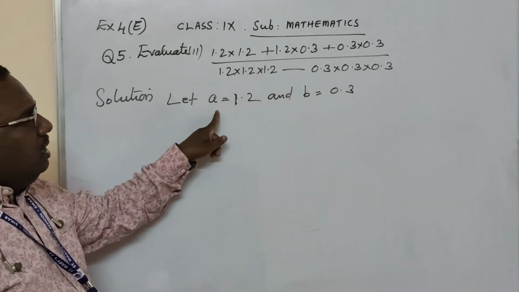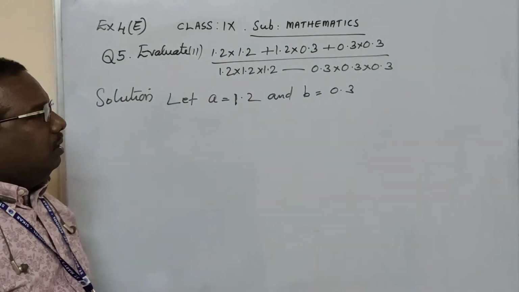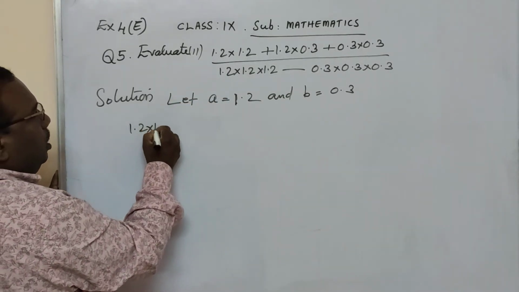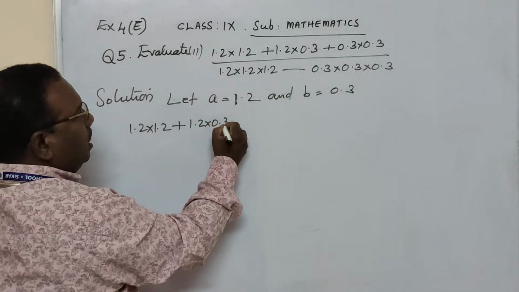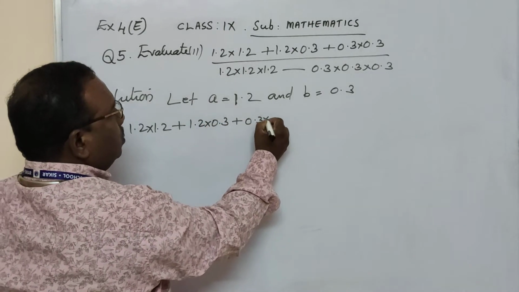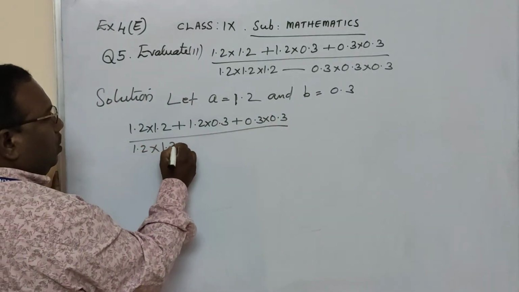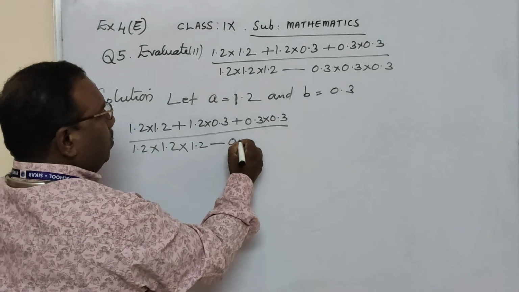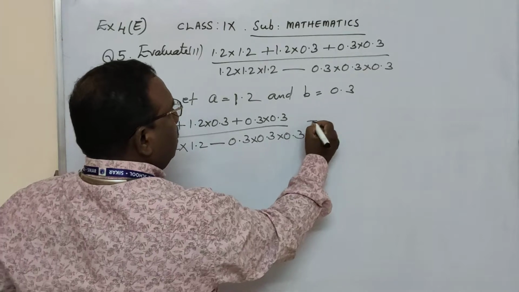If we consider A is equal to 1.2 and B is equal to 0.3, this question is reduced to the form 1.2 into 1.2 plus 1.2 into 0.3 plus 0.3 into 0.3 divided by 1.2 into 1.2 into 1.2 minus 0.3 into 0.3 into 0.3.